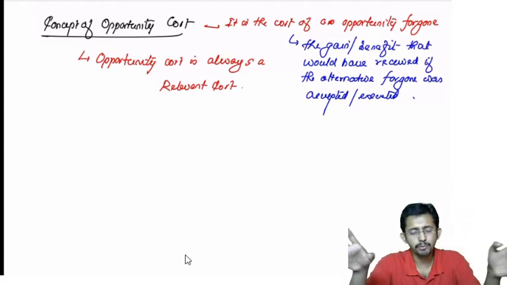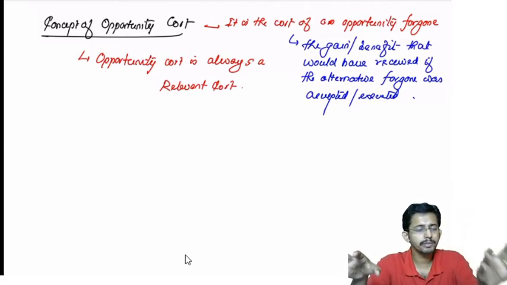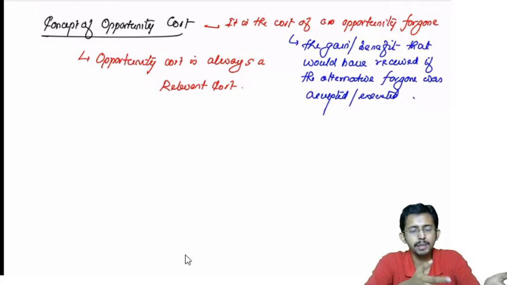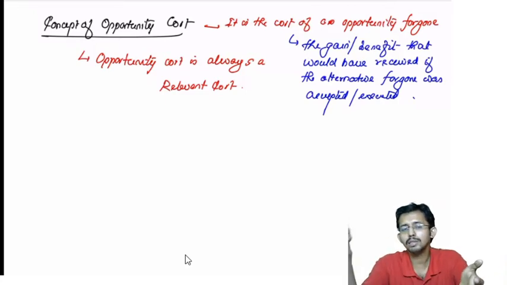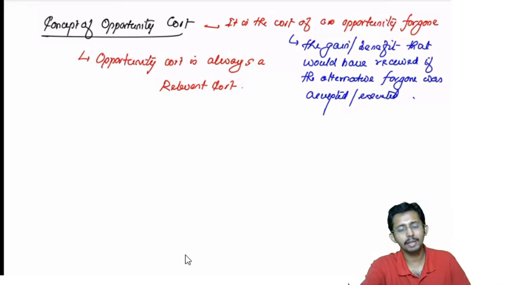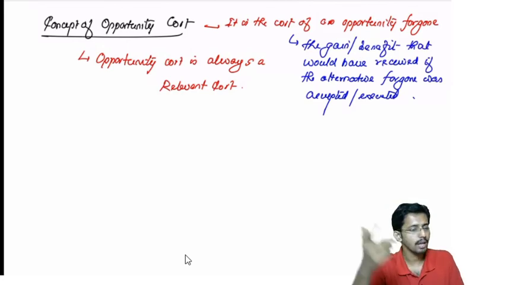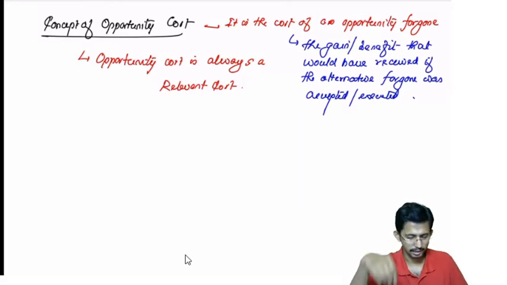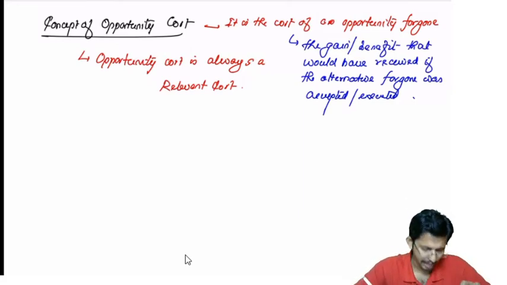Now if the benefit you are getting from audit P is not even that 5 lakhs, can you take this audit P? No. Because if you are taking audit P, you should get some benefit which is more than audit X, because audit X guarantees you 5 lakh rupees net benefit. So here you should get at least 5 lakh rupees. If you are getting only 4 lakhs, then why do you take audit P? Better you go for audit X itself. Clear? So opportunity cost is always a relevant cost.